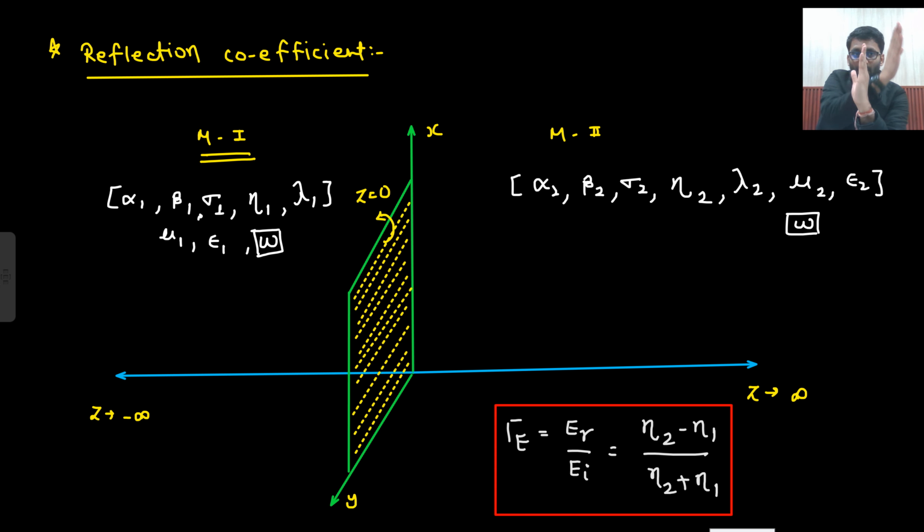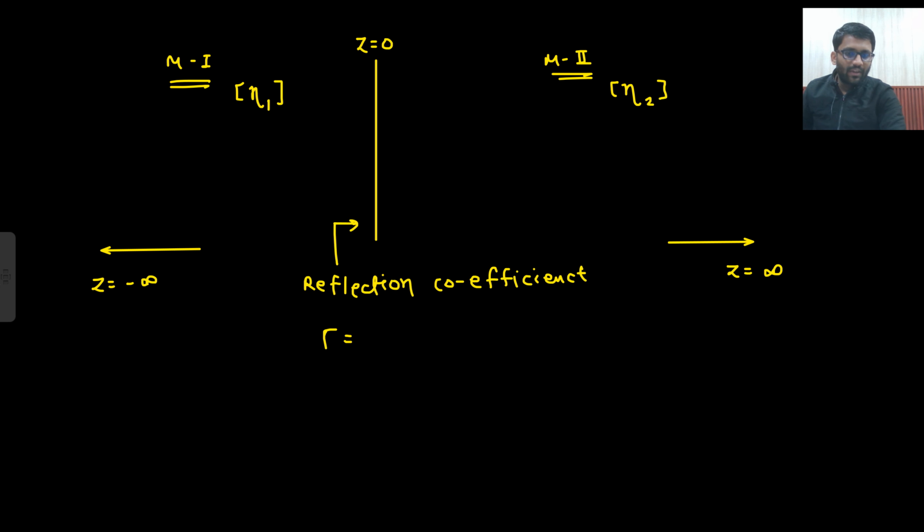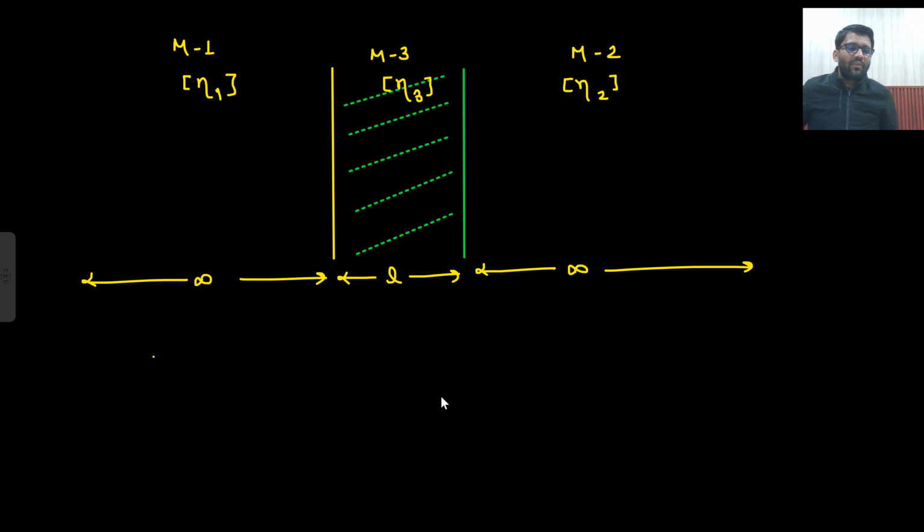In between, for a very small length L, I introduce another medium, and after that, again the other medium is there. So this is the reflection coefficient that we have written, but this kind of diagram we are going to get.